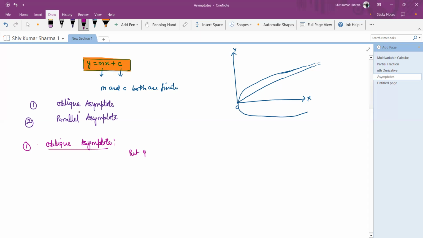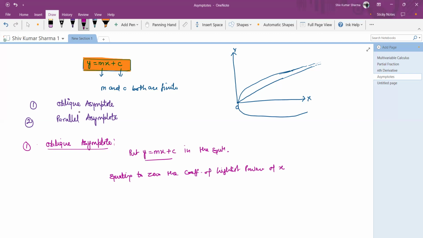We put y is equal to mx plus c in the given equation, and equate to 0 the coefficient of the highest power of x, then the second highest power of x, and so on.